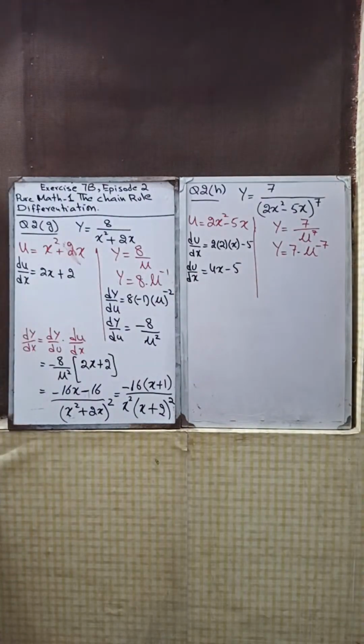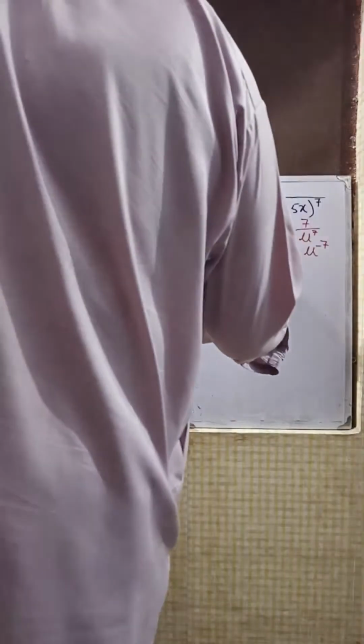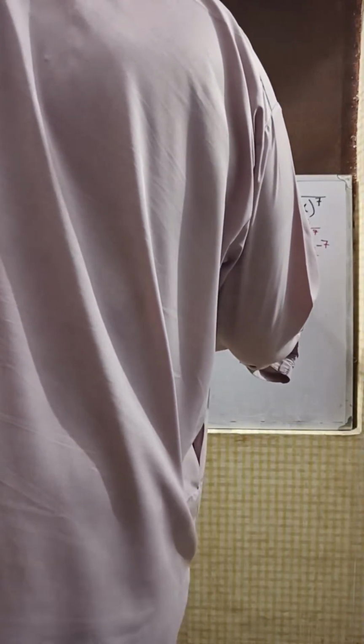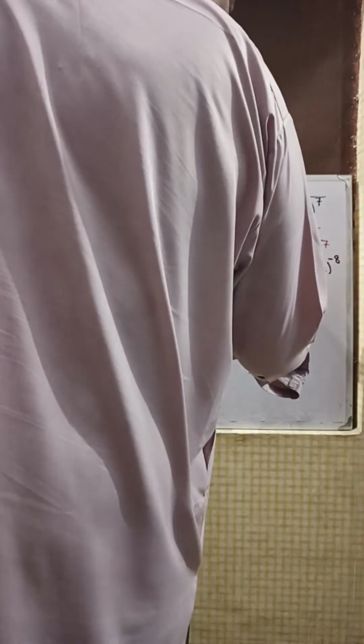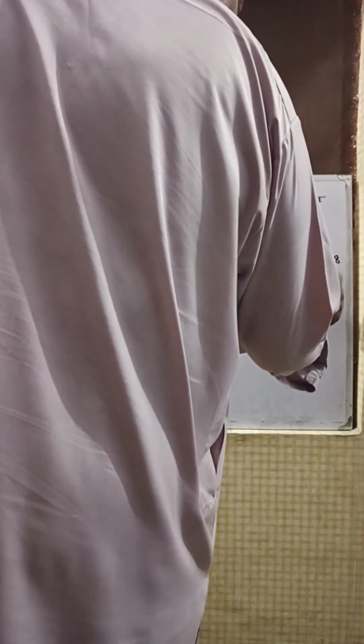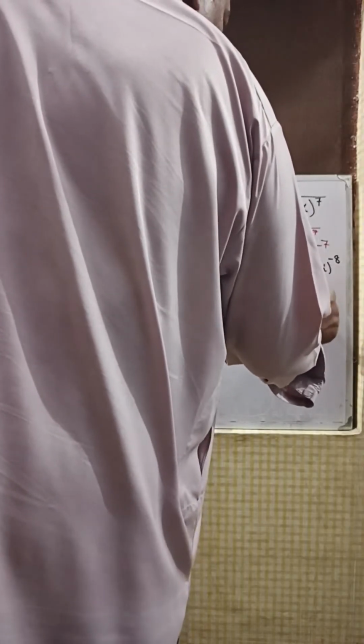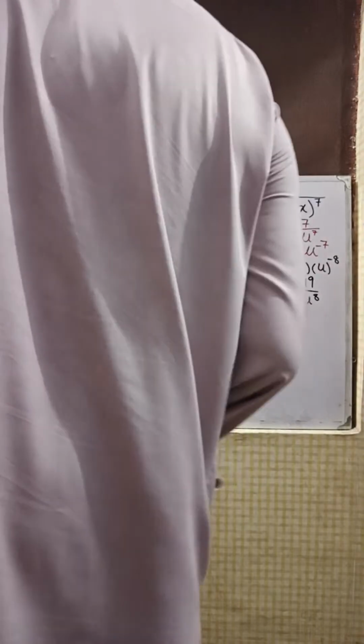And I will differentiate y with respect to u. So dy by du equals 7 into minus 7 into u raised to power minus 8. So this will become minus 49 divided by u raised to power 8.